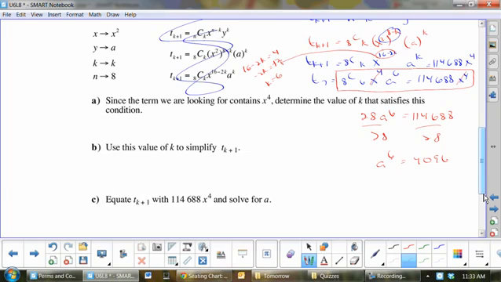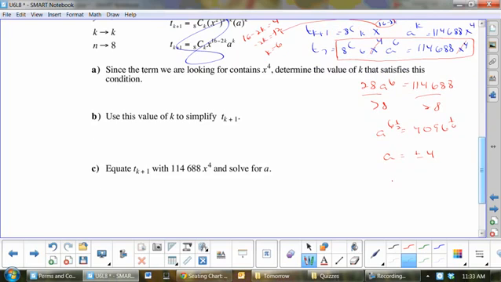Then what do we do? Yeah, we can just raise each side to the exponent 1/6, and you will get a to be plus or minus 4, because remember, whenever it is an even power, it will be plus or minus. So a has to equal 4 because in the rules it said a had to be greater than 0.